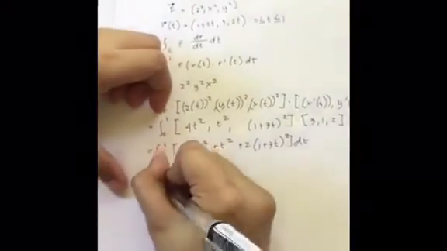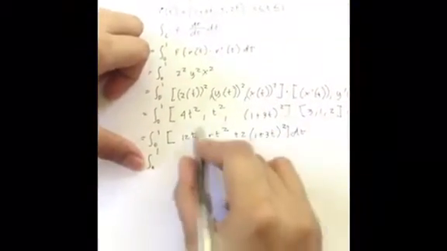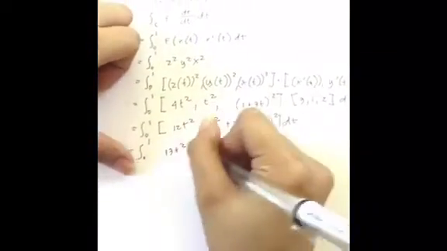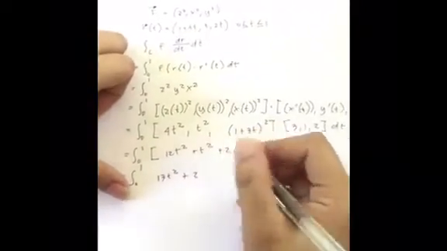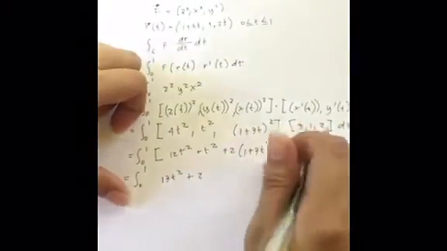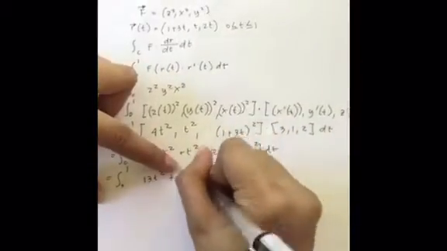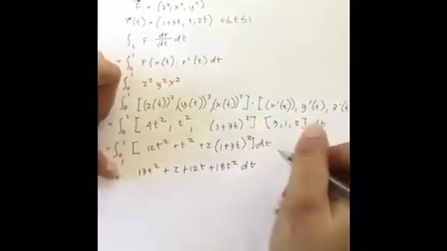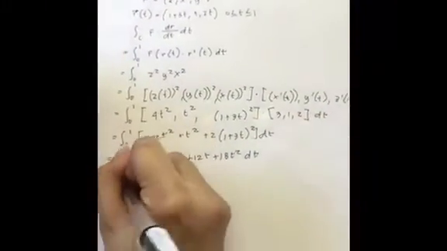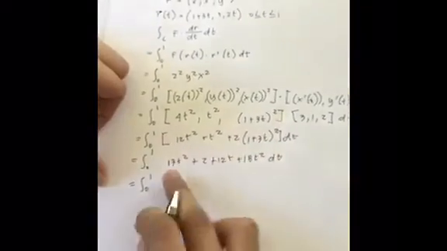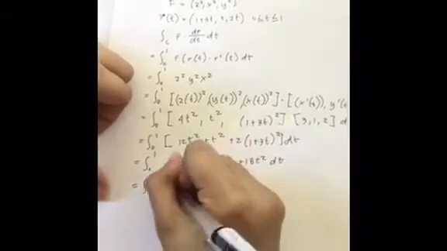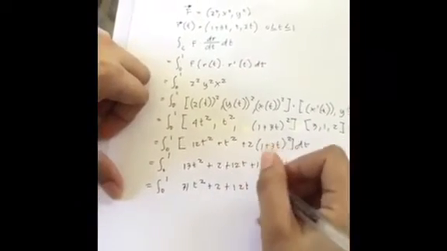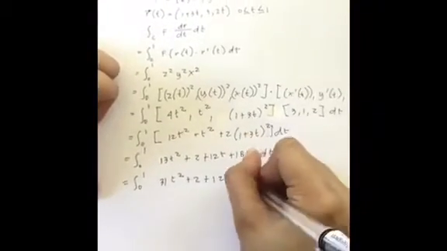Then it is equal to the integral of 0 to 1, combine the common terms, so it is 13t squared plus 2, then expand the square: plus 12t plus 18t squared dt. It is equal to the integral of 0 to 1, 13t squared plus 18t squared is 31t squared, plus 2 plus 12t dt.